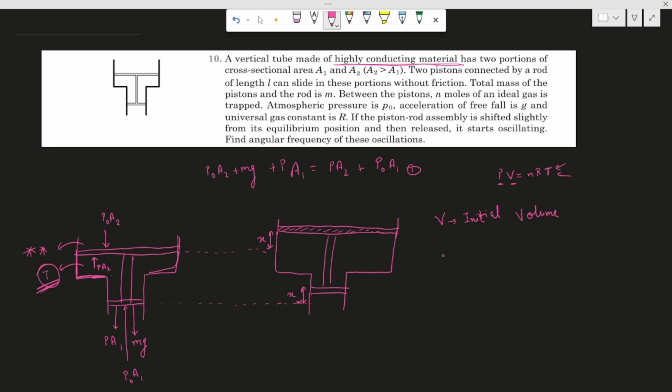and final volume is V dash. So V dash equal to V plus A2 into x minus A1 into x. Because you can see that, let me change the color.